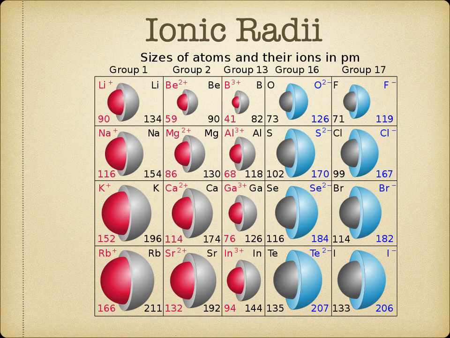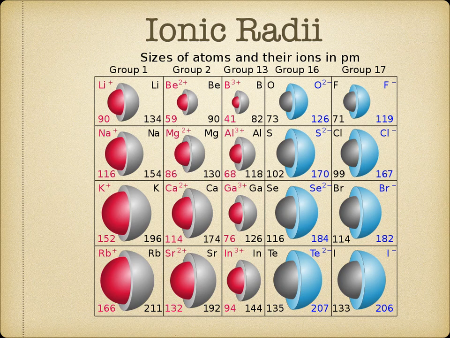One last topic to hit before we wrap this unit up, and that's atomic radii. So rather than particular trends in atomic radii, really all I want you to think about here is, relative to the size of the neutral atom, what is the difference in size in atomic or ionic radius for anions and cations.